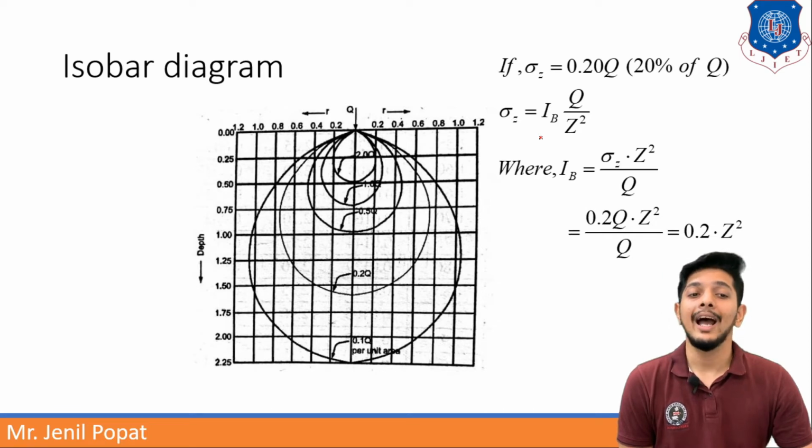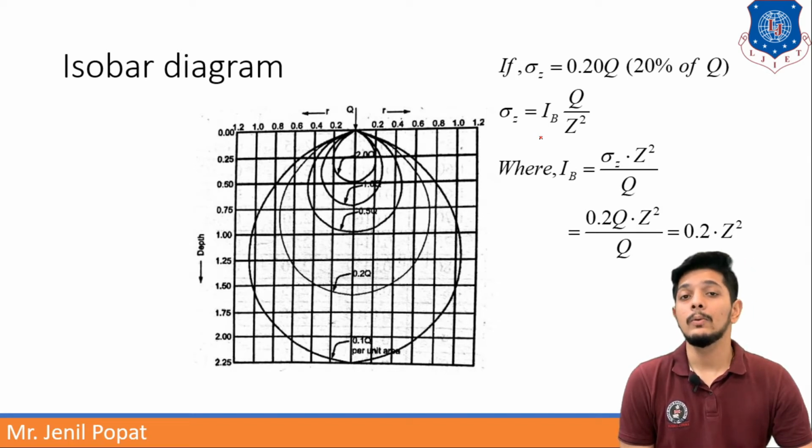We have made Ib the subject of the equation. Putting the sigma z value as 0.2 q, we get Ib as 0.2 into z square. So it will vary with the square of the depth z. So that is all for the isobar diagram.